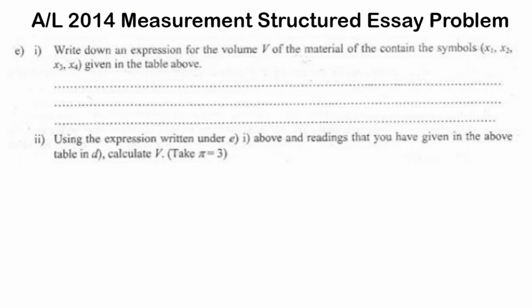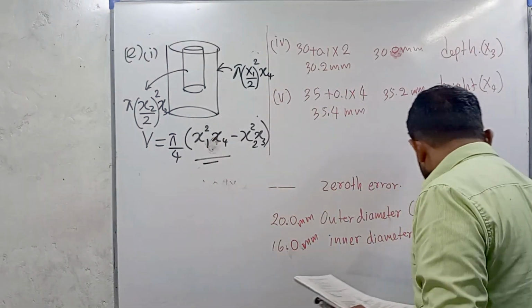Then part 2, using the expression written in part E and above readings that you have given in the table D, calculate V. Take phi value as 3. Then we can substitute values.